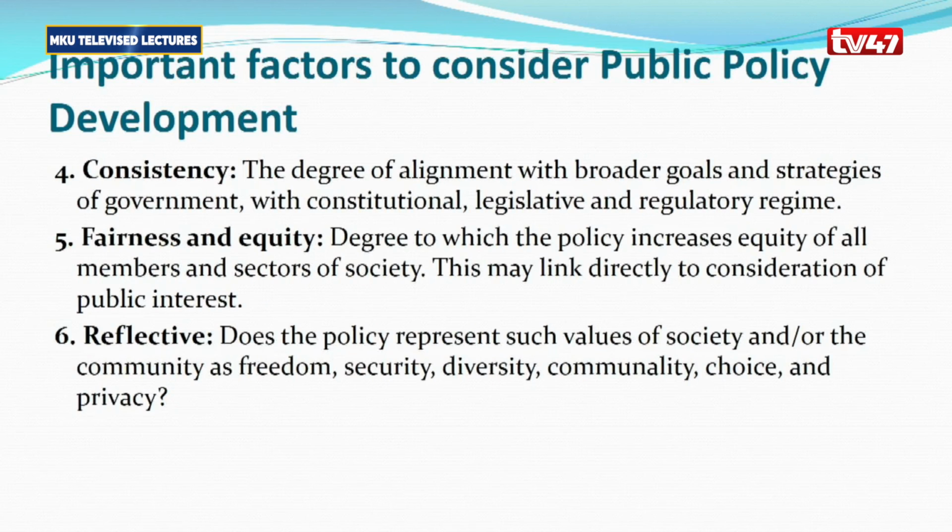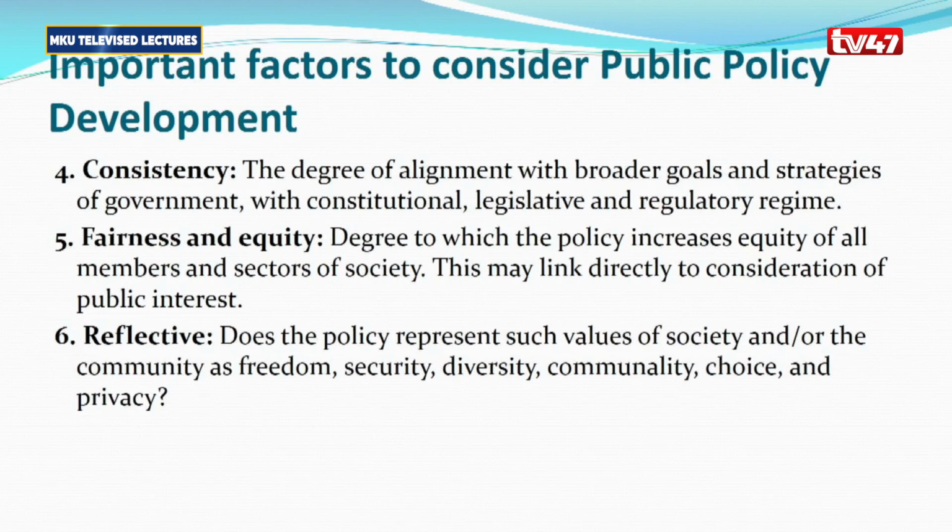I take us through the next 3. Consistency. This is the degree of alignment with the broader goals and strategies of government, with constitutional, legislative, and regulatory regime. Fairness and equity, degree to which the policy increases equity of all members and sectors of the society.